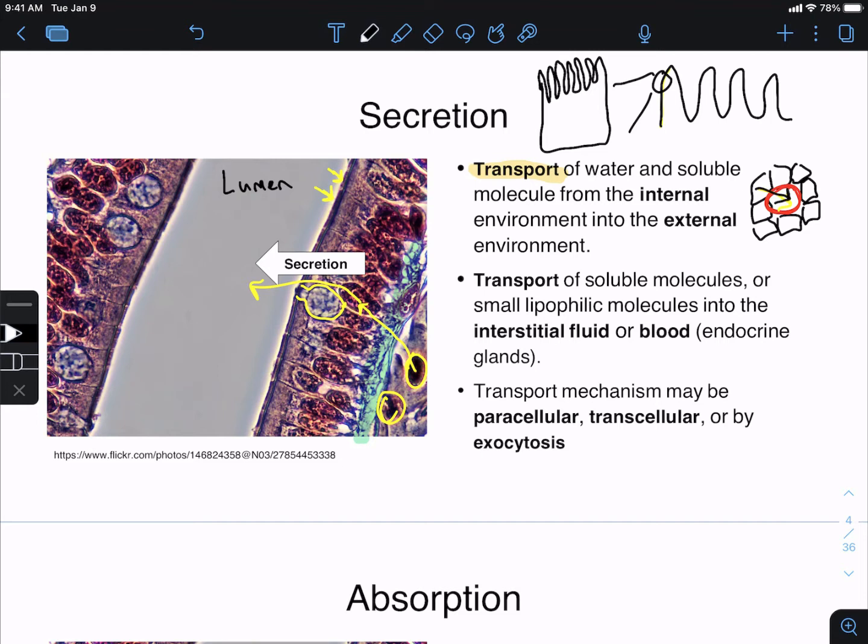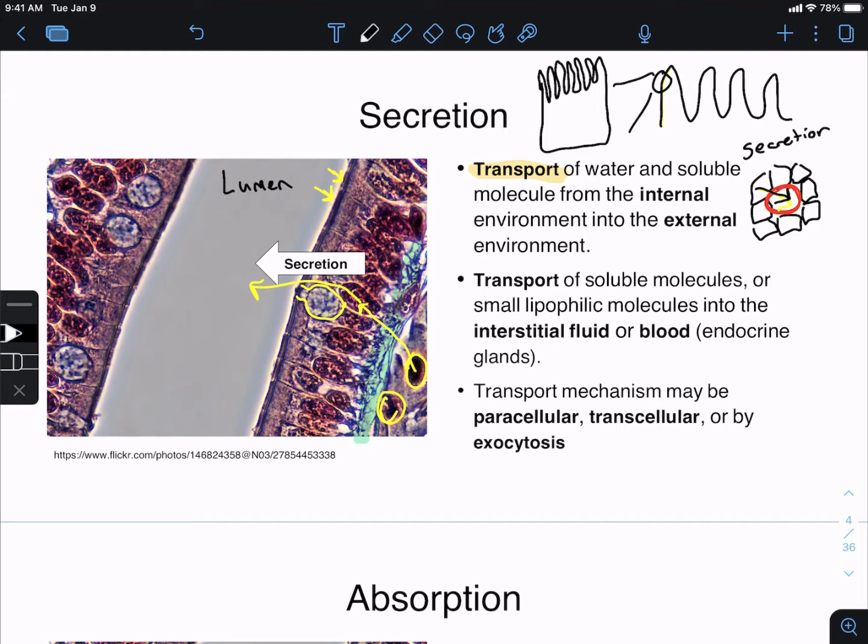So both are secretion by definition, either moving substances from the cells or from the bloodstream into the lumina of the intestines, or moving substances from an endocrine gland into the bloodstream, or from any type of cell into the bloodstream. Other cells can secrete substances too, like neurons, for example, will secrete chemicals into the synapse.